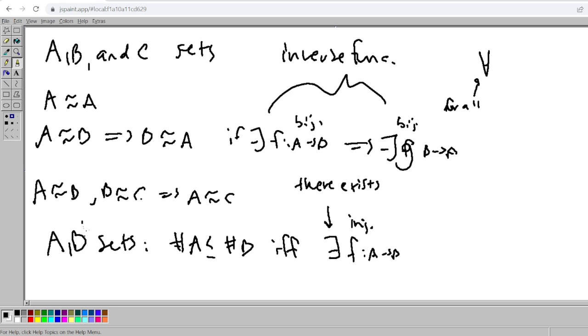So basically, when you have equality of cardinalities, that implies that there is a bijective function.